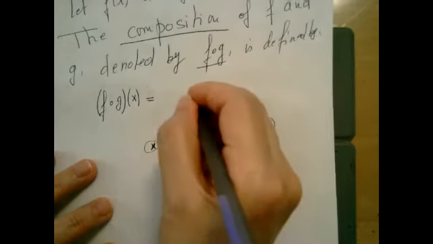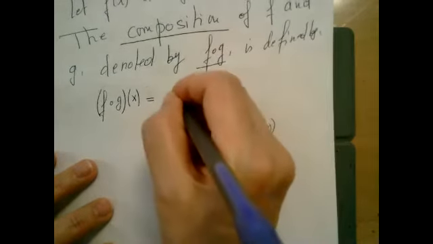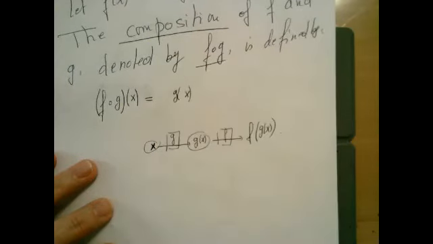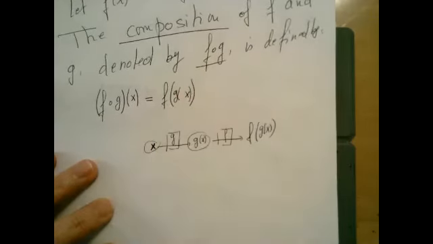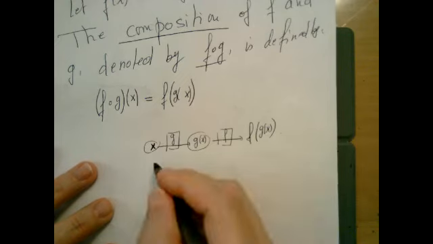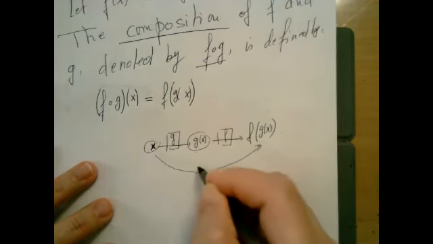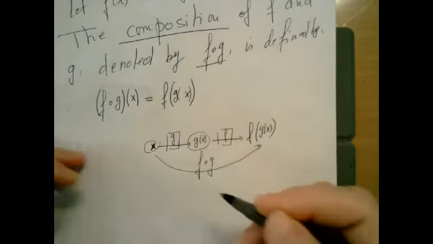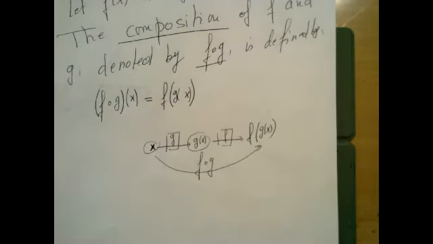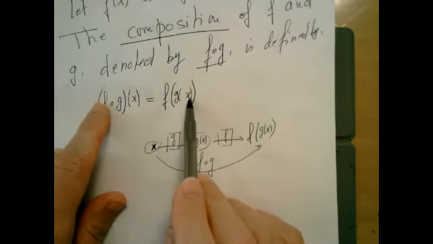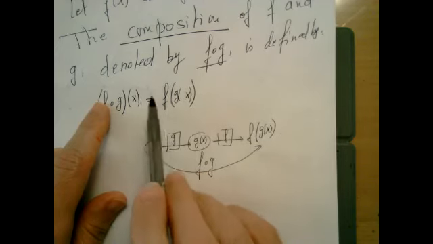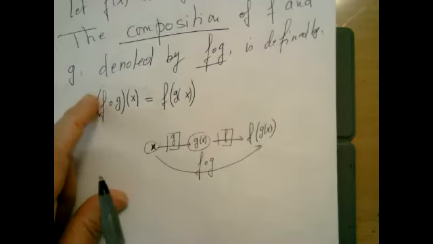So we start with x and compute g of x. Then I use g of x as an input for f and compute f of g of x. That's the definition of the composition, what we call the composition of f and g. If I have two functions, I create a third one called f composed with g. You take an input x and compute g of x, then use g of x as an input for f and compute f of g of x.